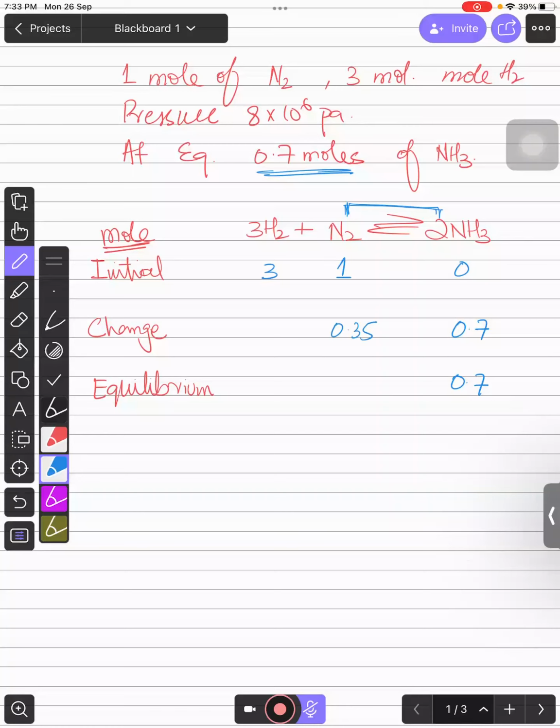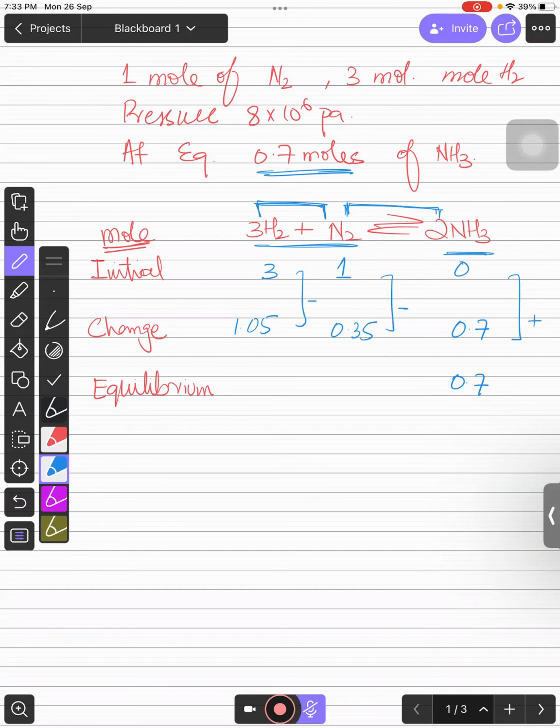And if you relate these two, whatever the amount of nitrogen consumed, 3 times that amount of hydrogen will be consumed. So 0.35 into 3 gives you 1.05. Now, we know that reactants are consumed and products are produced. So we always add over here and we always subtract over here because reactants are going to be consumed.